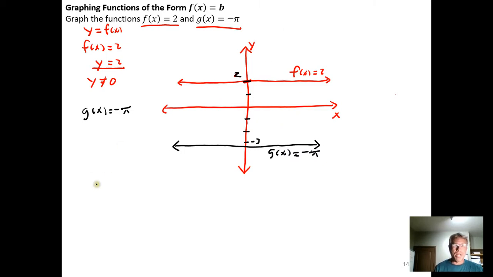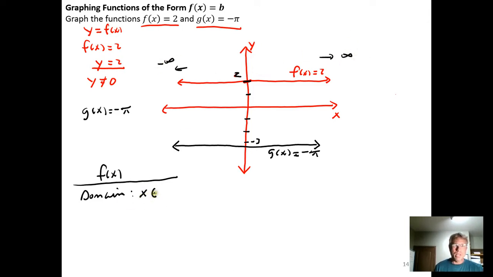The other thing that we want to talk about is the domain and range of each function. So for the function f of x, let's talk about it first. So the domain of f of x. So clearly it goes infinitely far in either direction parallel to the x-axis. So the x values are going from negative infinity to positive infinity.